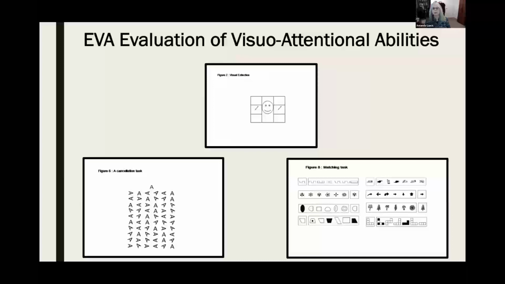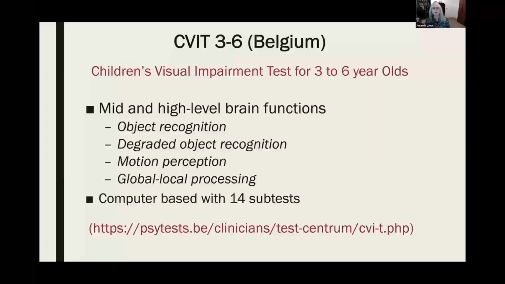And I've given you at the end a way to get a hold of the EVA test. And it's in one of the slides at the end where you can contact the research organization in France.